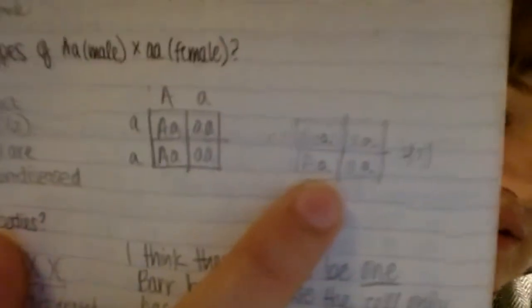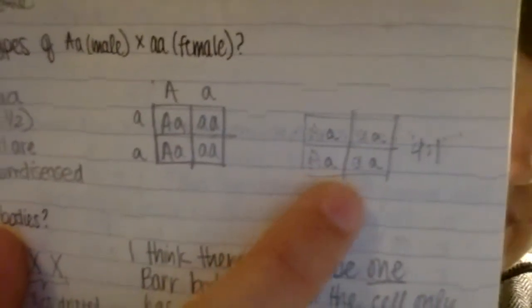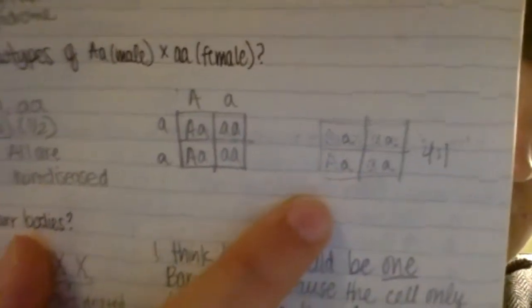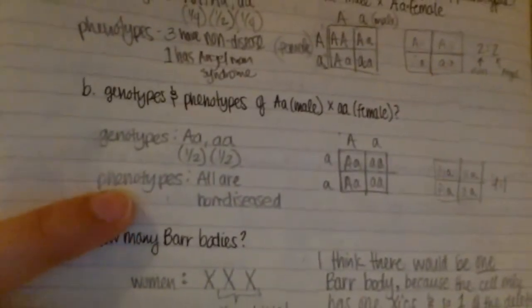I did my little dotted line. The ones that would be expressed are all the little a's, that they would all be Angelman syndrome. Pardon me. What I meant to say is that they all have Angelman syndrome. I will have to look into that.